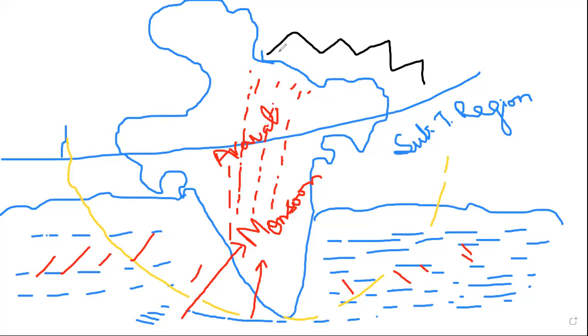The Aravali mountain over here acts as a shadow, and that's why these rainfalls do not go to the desert area, I mean to the part of Rajasthan, and that's why that remains dry and desert.